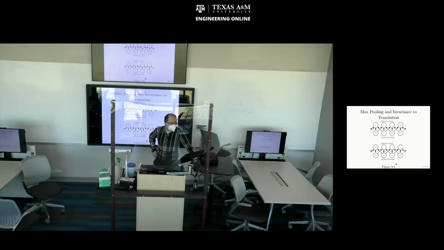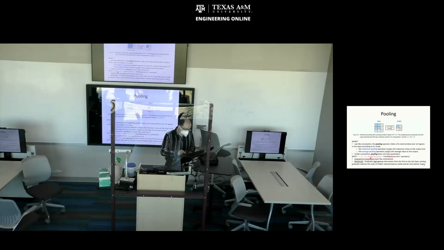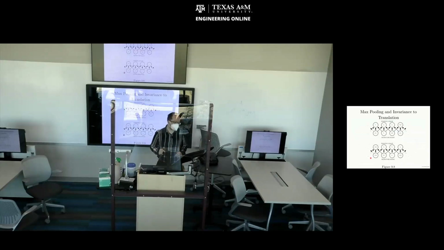So let's look at max pooling and its invariance to translation, something I mentioned here. But now let's try to visualize it again. Let's look at this case. If we look at this size, this max pooling is fixed.